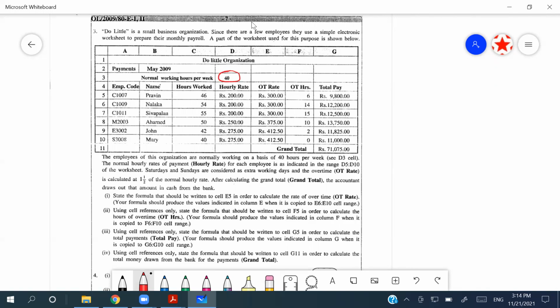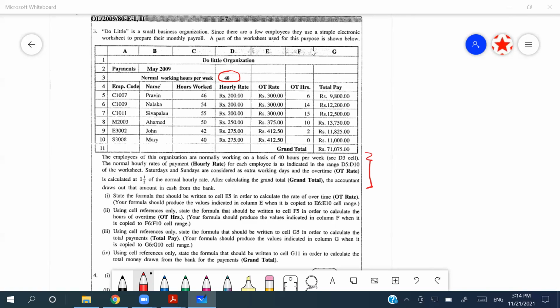In the latter part, they have employee code name, hours worked, hourly rate, OT hours, and total pay. When you have this kind of Excel sheet, it's better you understand how things happen. Here they have given you the explanation about how the payroll has happened.